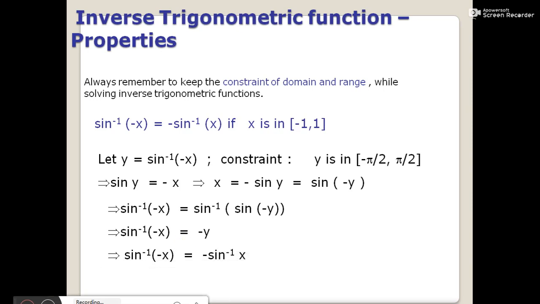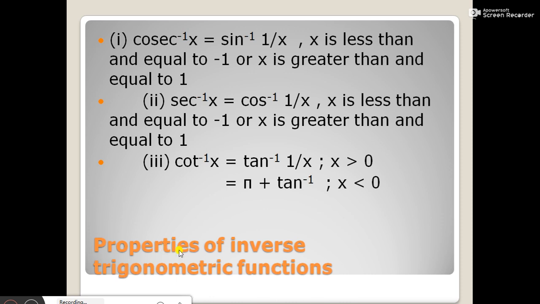Again we have to continue with the inverse trigonometric functions, properties of inverse trigonometric functions. The next one is cosecant inverse x is equal to sine inverse 1 by x if x is less than or equal to -1 or x is greater than or equal to 1.